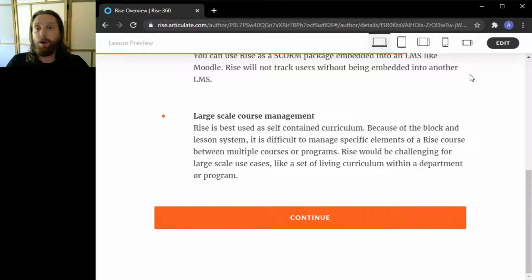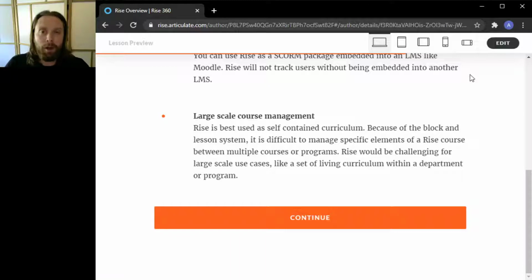This can become very tricky when you're talking about large-scale course management. I'm worried about what version it is. Is that the one I was working on last time? Did somebody else edit it? Did somebody change this? Did we remember to fix the permissions? Stay away. Rise is a terrible choice if you're thinking about how to do anything at the highest level.